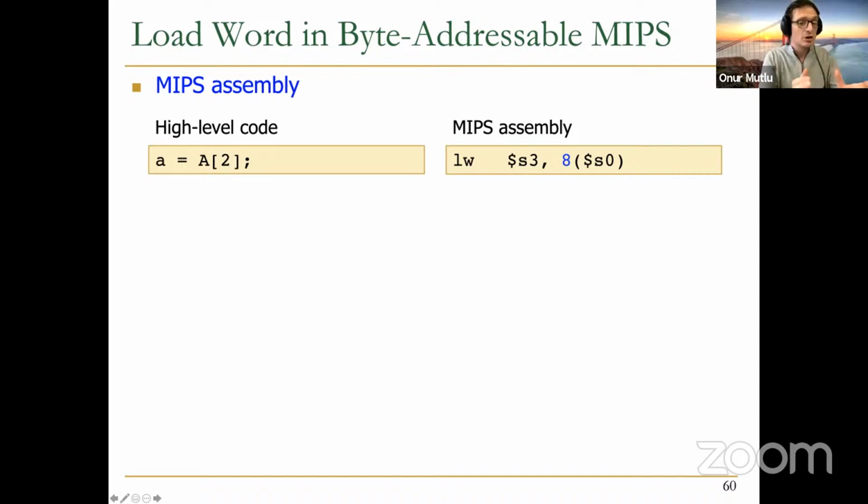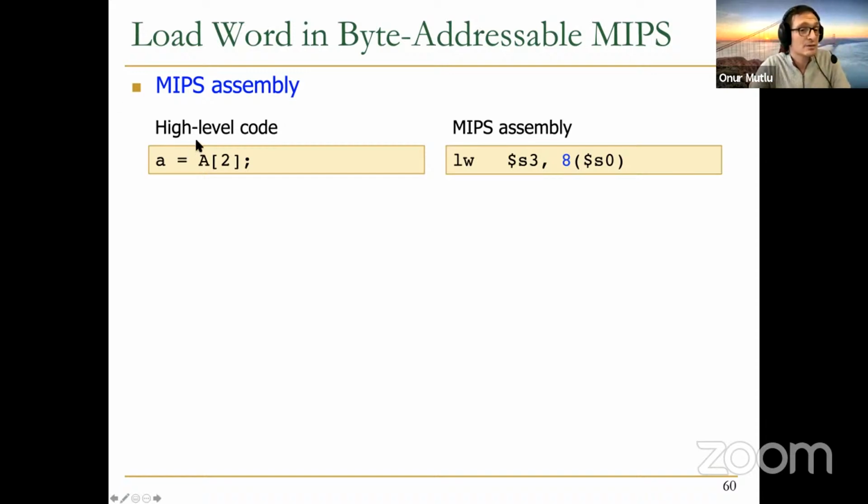You have A0 with 32 bits, A1, index 1, 32 bits, index 2, 32 bits. The address of index 2 is really at offset 8 because each element is 4 bytes, right? Meaning the 0th element is at base address A, the first word is at address A plus 4, and the second word is at address A plus 8.